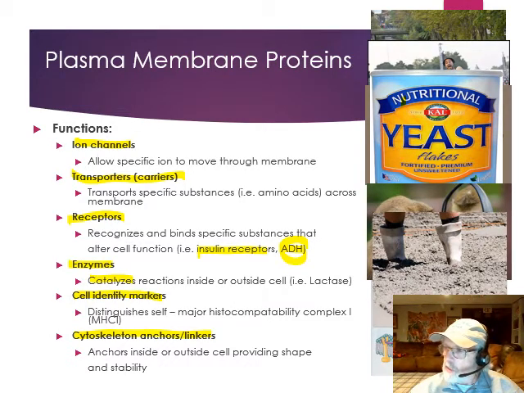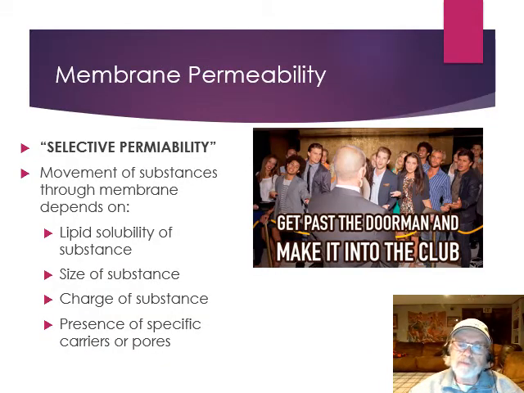Enzymes catalyze or produce some type of chemical reaction on either the inside or the outside of the cell. Cell identity markers distinguish who I am, as well as cytoskeleton anchors or linkers, which provide the cement that holds these microtubules and stuff like that that gives the cell its shape, structure and stability.